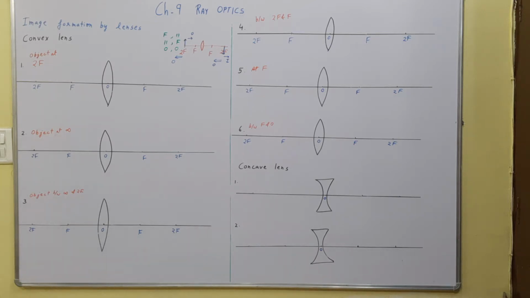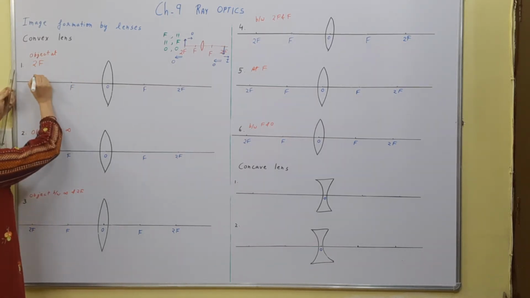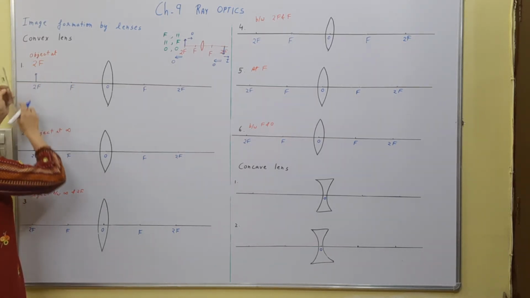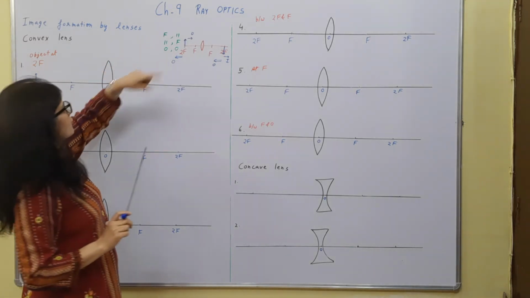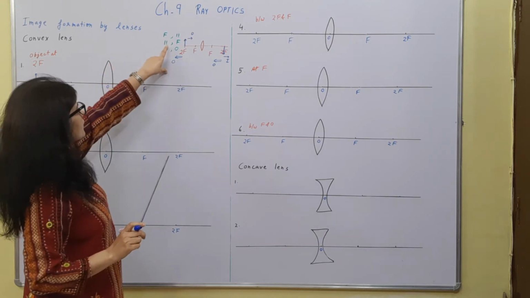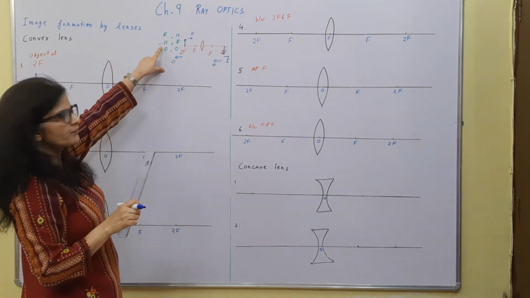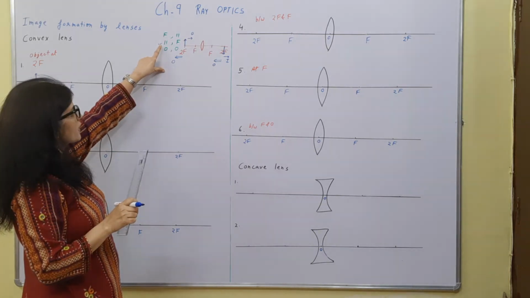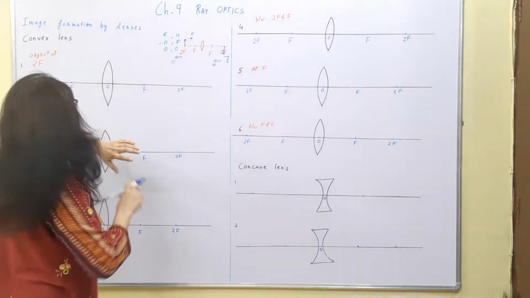So if the object is at 2f, right? So our object is here. Let's take 2 rays. Which rays are we taking here? First one is, which is the one which is passing parallel to the principal axis and will pass through focus after refraction.